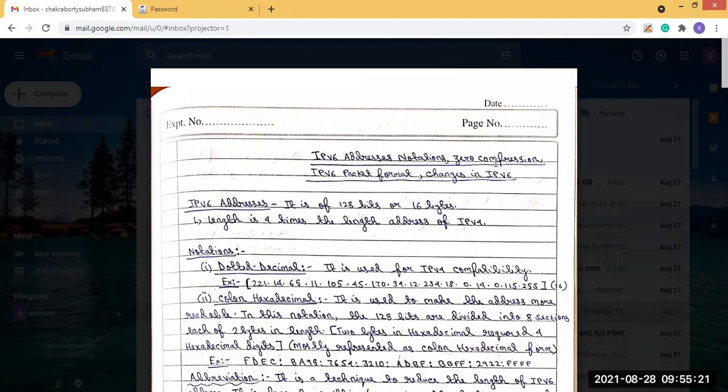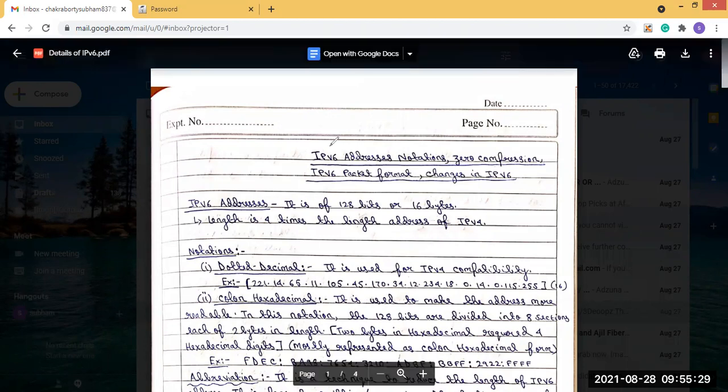Now, why did this IPv6 address come? For IPv4, the total address space is 2 to the power 32. That means 2 to the power 32 addresses are present.